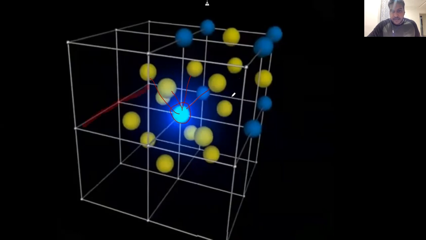If you imagine this particular plane, there are 4 atoms touching it. One is this atom, one is this atom, one is this atom, and one is this atom. On this plane, these 4 atoms are touching.